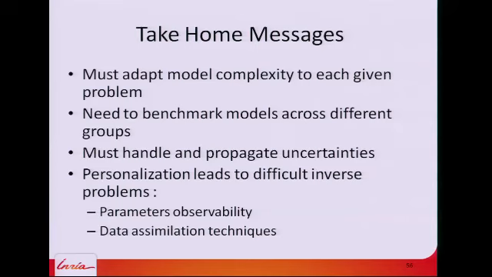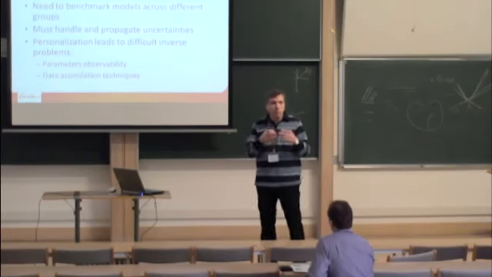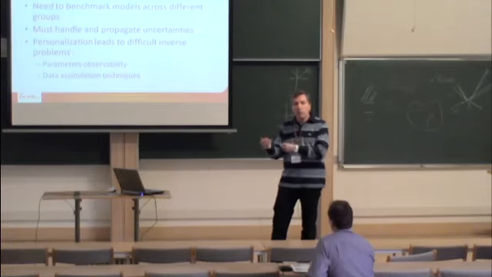Another important issue is to handle and propagate uncertainties. It's quite surprising that most of the image processing algorithms, segmentation or registration, are interested in outputting an estimation of a displacement or an estimation of a shape, but not the uncertainty related to the displacement and the shape.